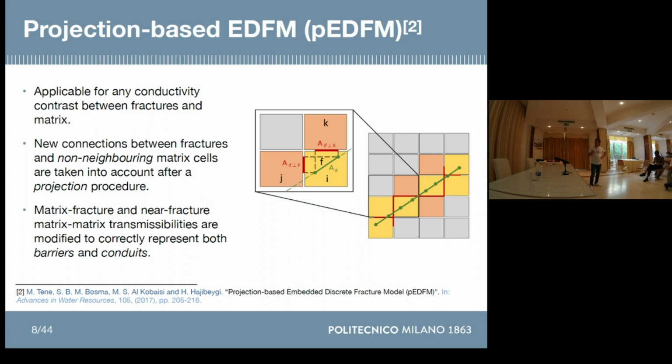Then the matrix-fracture and near-fracture matrix transmissibilities are modified with respect to the previous method to correctly represent both barriers and conduits.